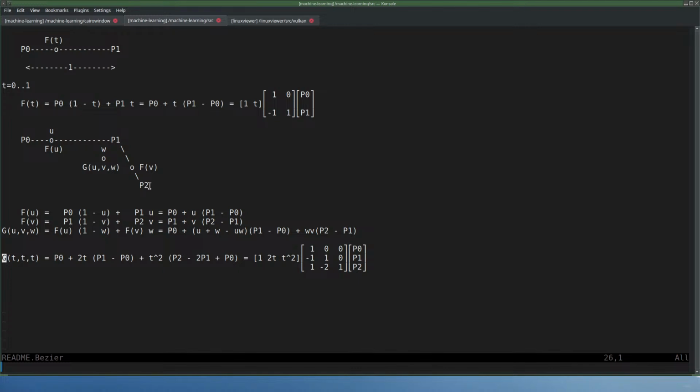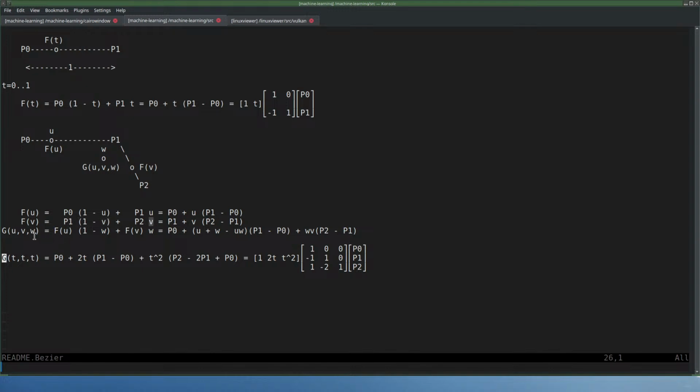And then we make a g that moves between u and v. Sorry, between this point and that point, so fu and fv, using the parameter w. Therefore, it is a function of 3 variables. So just like this one is some point times 1 minus u plus some point times u, and this one also 1 minus v and v.